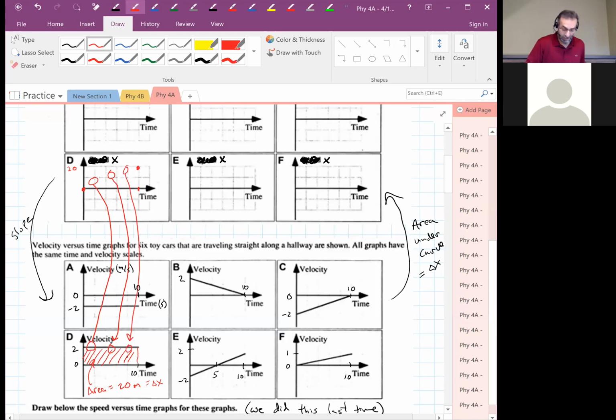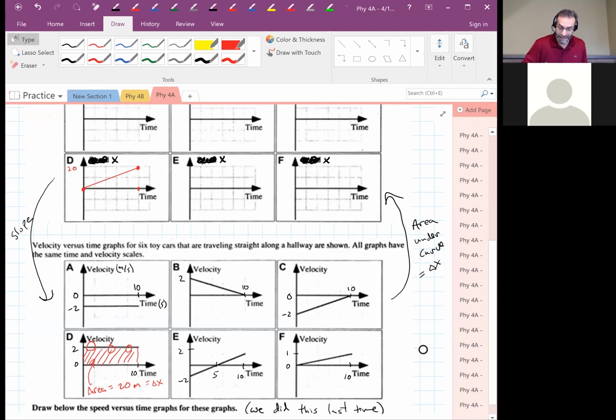Well, the velocity is the same everywhere, so the slope has to be the same everywhere in our position versus time curve. And if the slope is the same everywhere, it's a straight line. So I get my straight line tool and connect those points. That's our position versus time, given that velocity versus time.